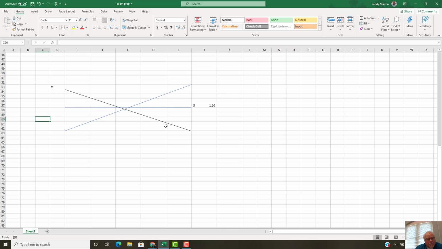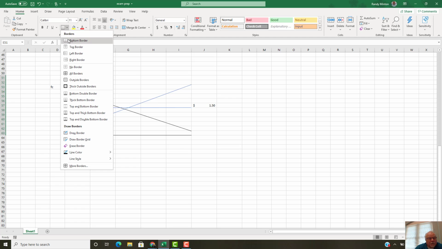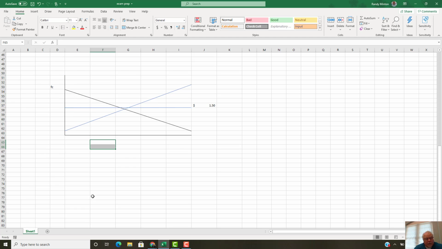volume rises, and if I look at this on the basis of a chart, for example. Well, I'm going to do it like this, I guess. And if I were creating the chart here and looking at this, you can see that this is your variable cost, total variable cost.